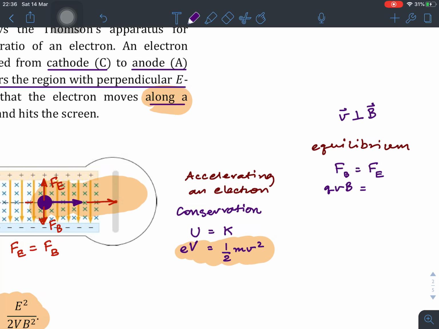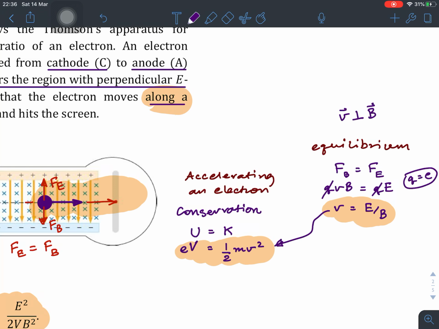For the magnitude of Fe, it is qE. In this case q is equal to e, the charge of the electron, and we can cancel q and e, and we have that the velocity can be written in terms of the ratio between electric field and magnetic field, v equals E over B.